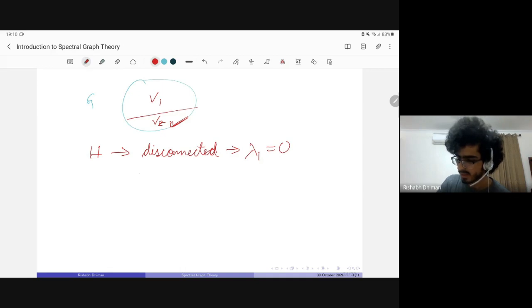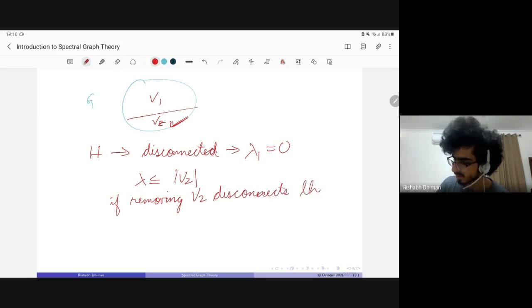So what you will get is lambda is less than the size of V2 if removing V2 disconnects the graph.